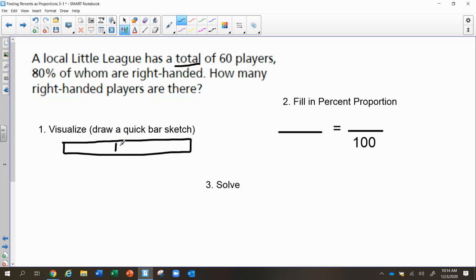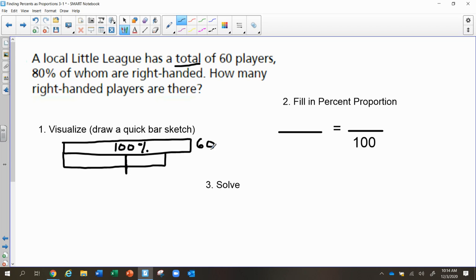So 100% of all the players, total of 60. 80% are right-handed. Well, thinking about what I know about percents, I know 50% is going to be here because it's exactly half. 80% is more than that, so my bar should probably come to about right here. So again, it's not perfect, but we're still using it as an idea of where.